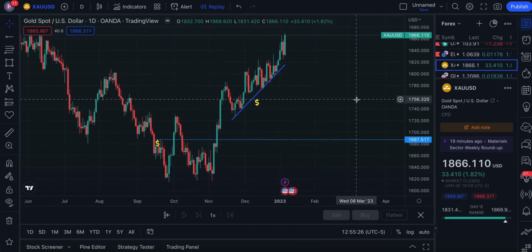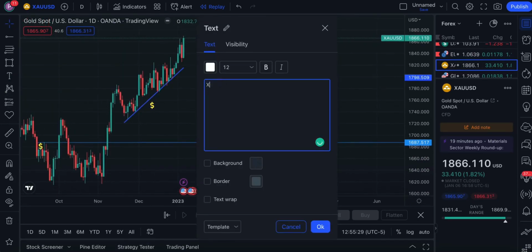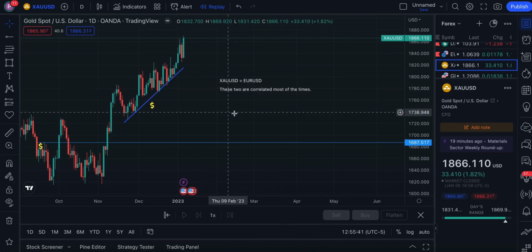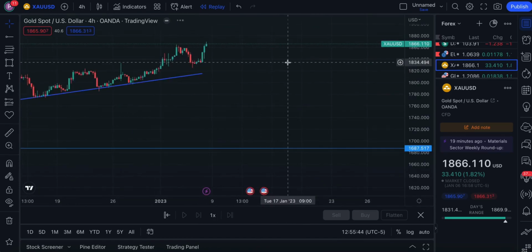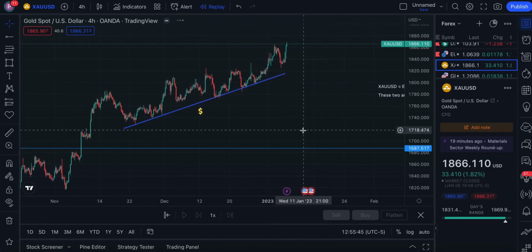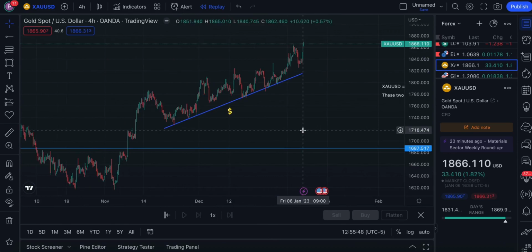Also, the correlation between gold and EU: they are correlated. Most of the time, I wouldn't say exactly every time, but most of the time they are correlated. So sometimes I do like to look at gold to see what EU or DXY wants to do.